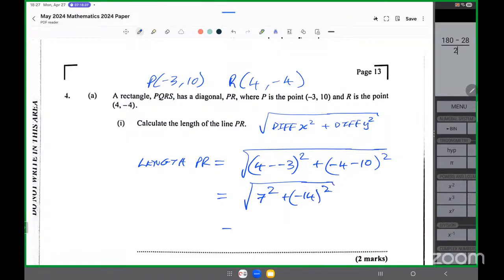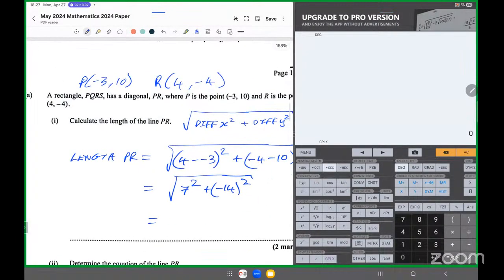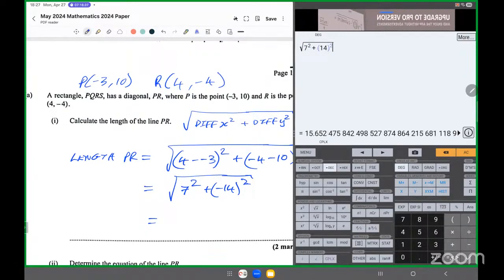All right, and you can just put that in the calculator and see what we get. So the square root of 7 squared and negative 14 squared, same as 14 squared. Right? So you can put 14 squared. It's 15 point something, let's see if we get it.